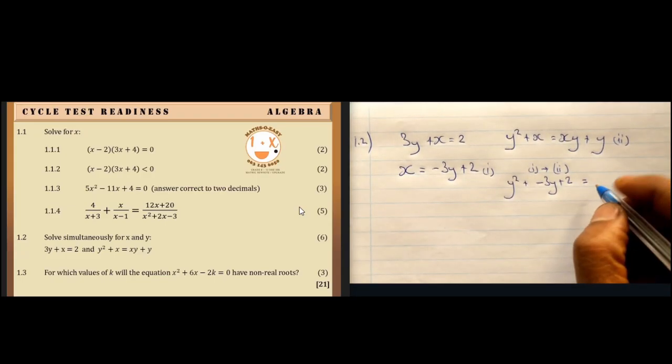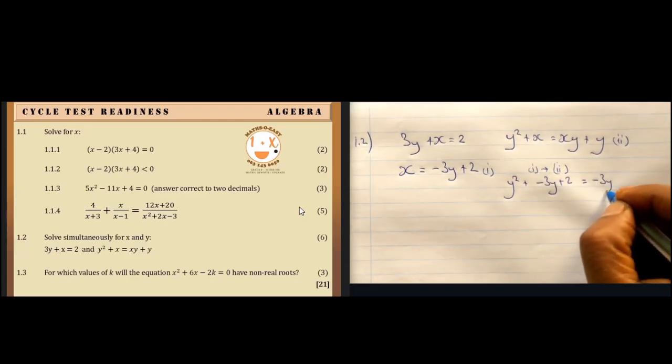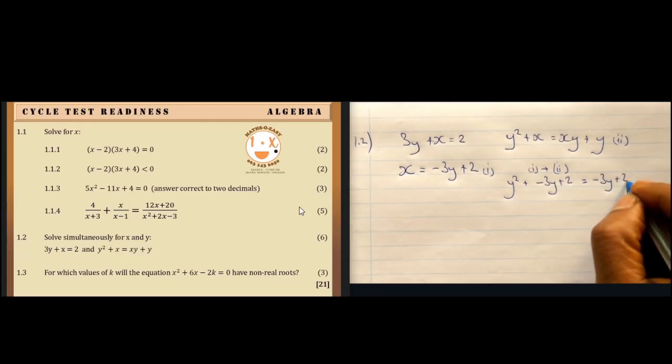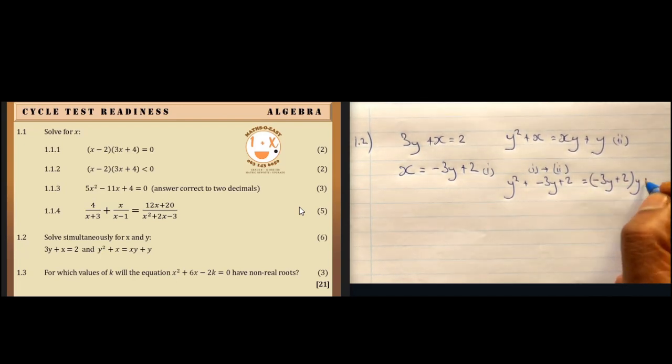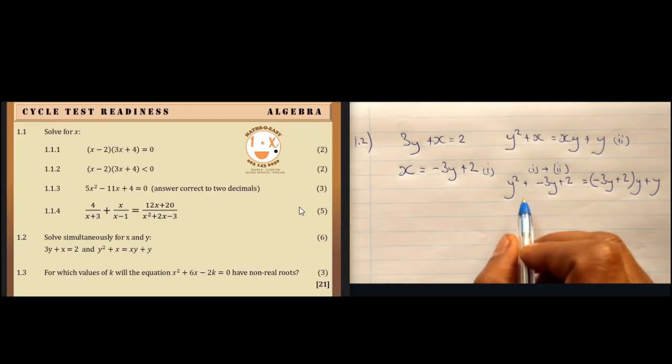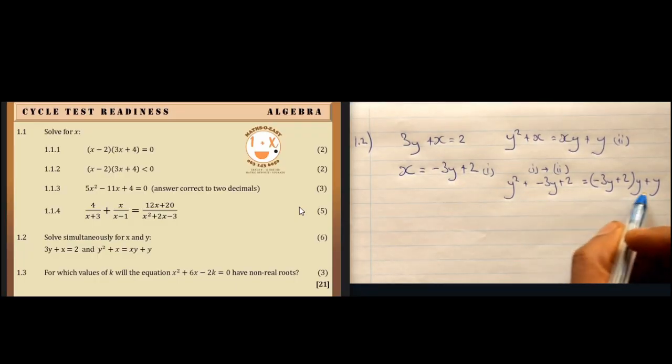I have my negative 3y plus 2. And then it's multiplied by what? By y plus y. Sure. These examiners, they wanted to catch you. Okay. Many people will forget this y. Others will just throw away that one. Yeah, the examiner was smart here.